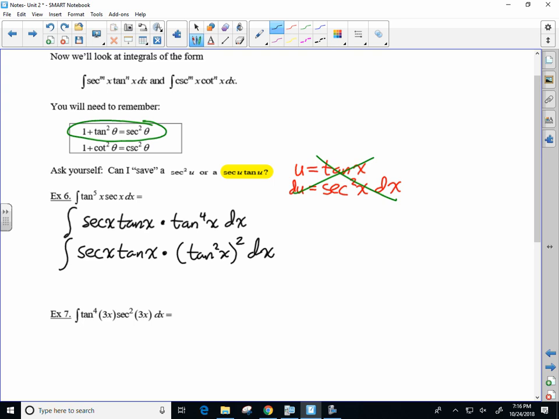The reason I'm doing that is so that I can actually use this rule, because a corollary to this rule is that tangent squared is equal to secant squared minus 1. All I did was solve it for tangent squared. So secant x tangent x, still I'm leaving that alone, but now I'm replacing the tangent squared that's in the parentheses with a secant squared minus 1.